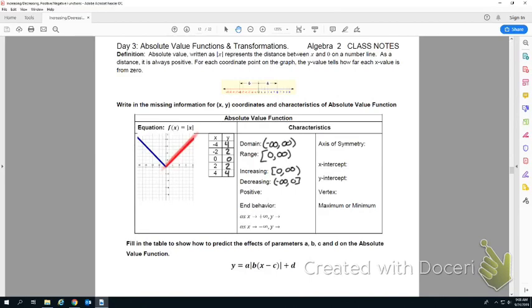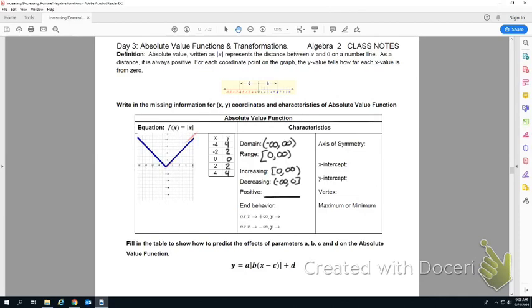On the positive, essentially all that's asking is what part of the graph is above the x-axis. Okay, so Avery, what would? Do what? Okay, not 0 to infinity, because that just means that this part is above the x-axis. But if all of it is above the x-axis, then what would I need to put here?